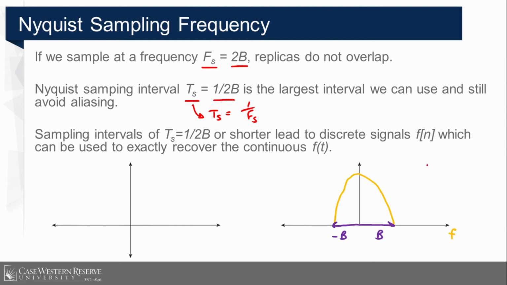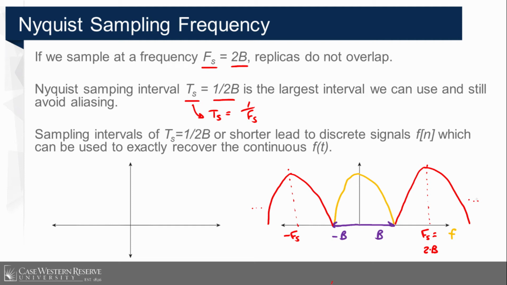And here we're going to let, again, our sampling frequency, Fs, be exactly 2 times b. We'll see in this case, the replicas will end up just exactly touching, but not overlapping. And this is minus Fs. Of course, there'll be replicas out into infinity, but we're just looking at these two here.